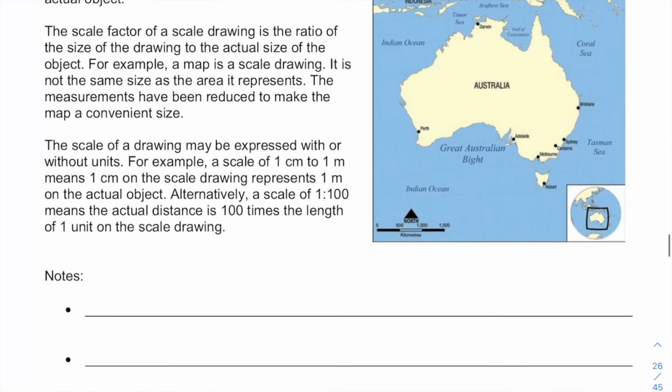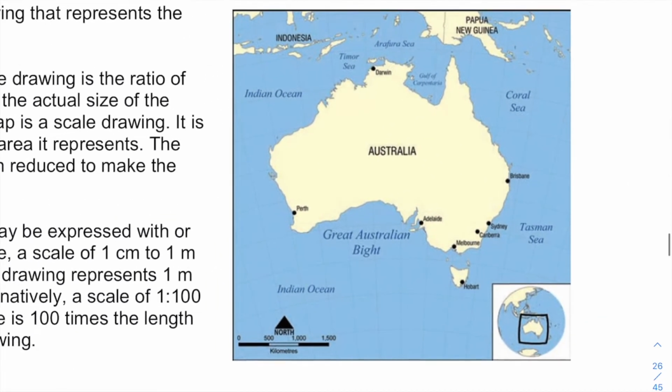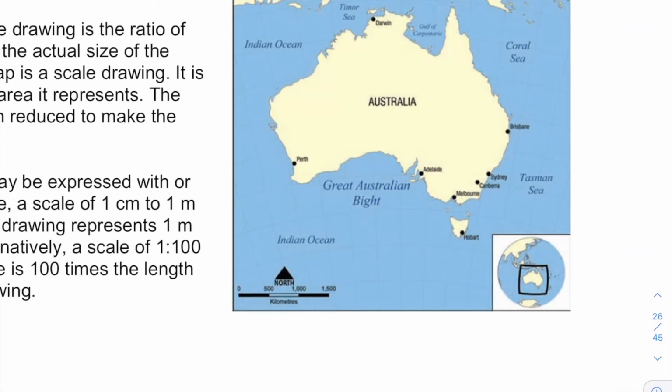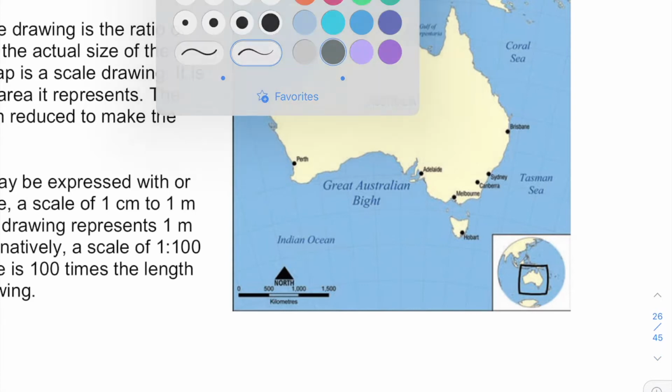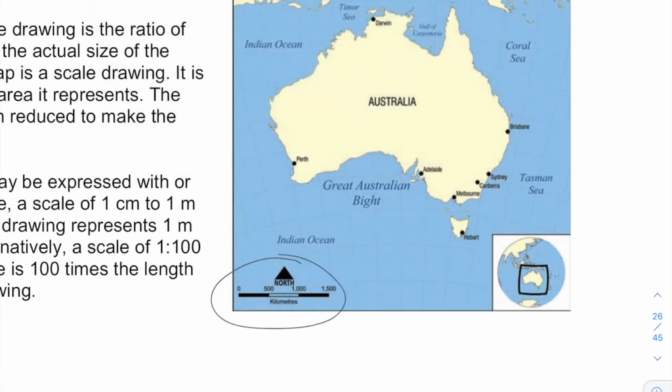Now we have an example here of a scale drawing. This is the map of Australia. You can see down at the bottom, that's our scale right there. What it is telling us is that on my picture, this bit to this bit is approximately 1 centimeter long.